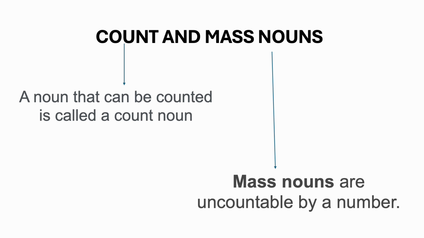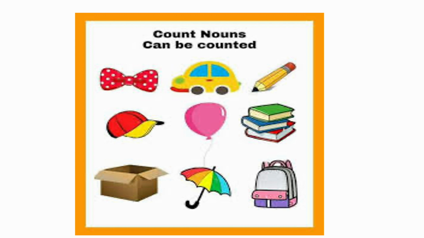Alright, so when we say count nouns, these are nouns that can be counted. Example, ribbon, a car, pen, cup, balloon, books, box, umbrella, and bags. Can you count them using your hands or your fingers? Of course you can. So those are what we call count nouns.